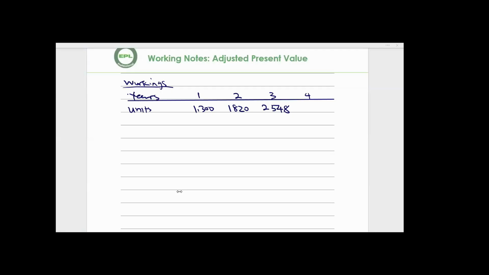So 2,548 multiplied by 1.05 will give us 2,675. So with this, I have inflated the units produced and sold.